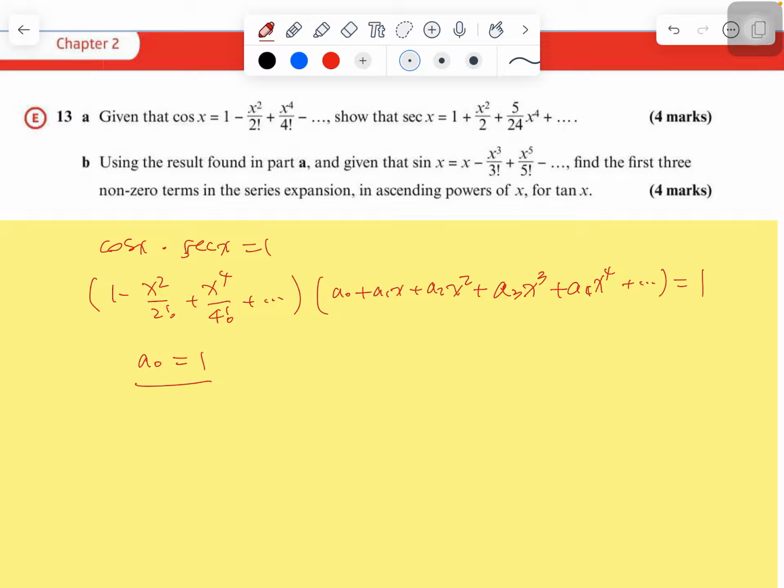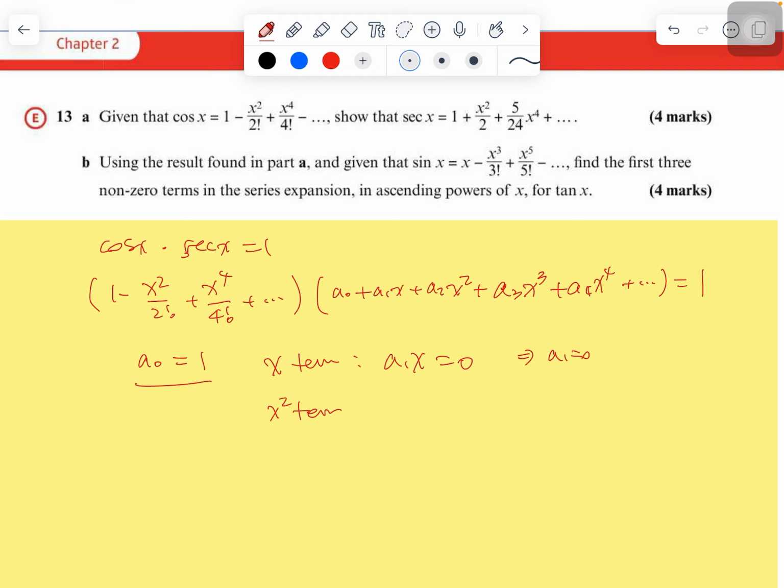So let's make the x term. The x term is a1x, which becomes 0 because we don't have any x term on the right side, which means a1 equals 0.